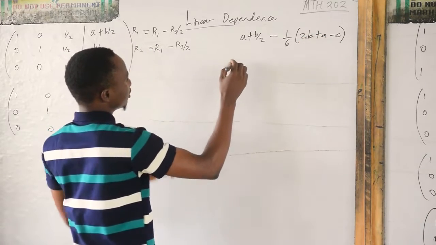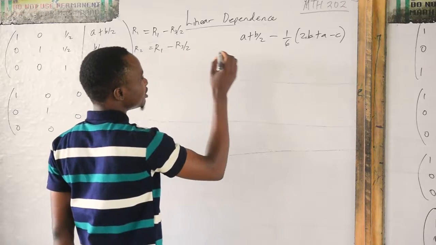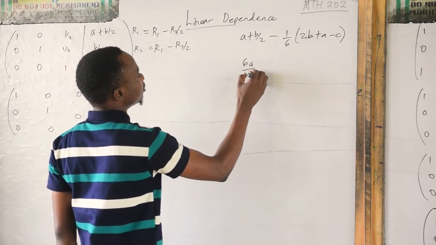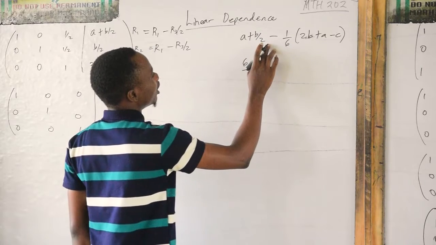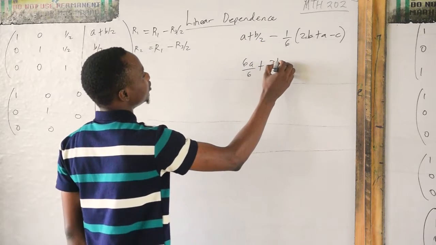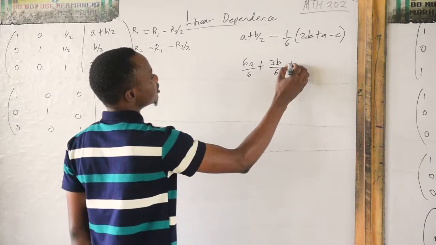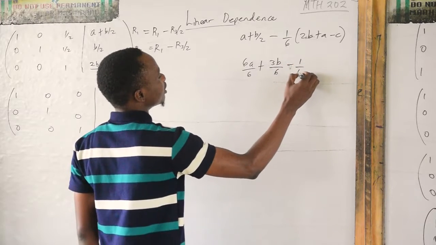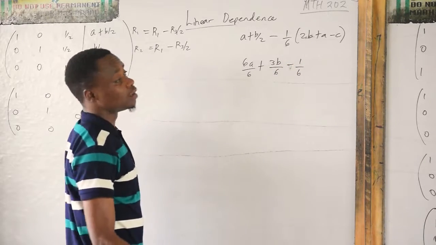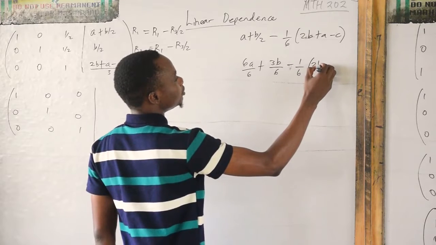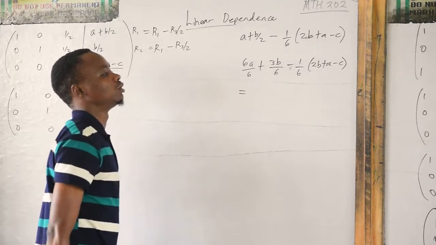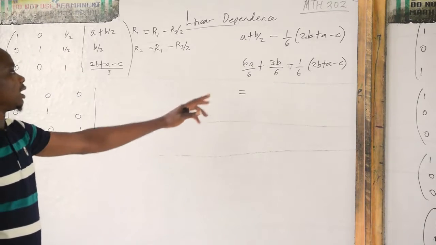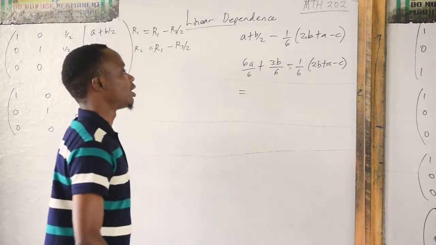What will this give us? This is going to be 6A over 6 plus, what will this be? 3B over 6 minus 2B over 6. So when you take 6A minus A, that will be 5A.